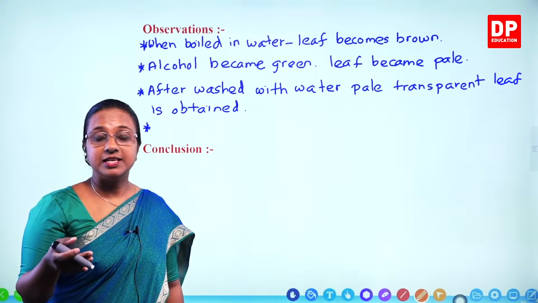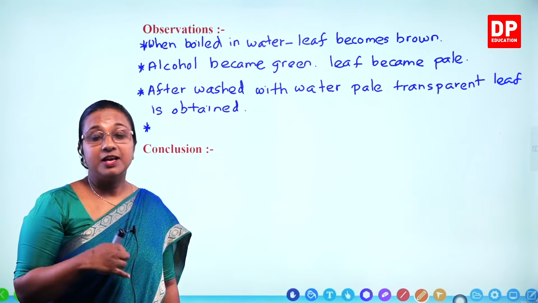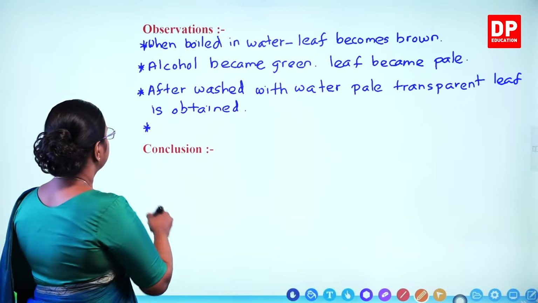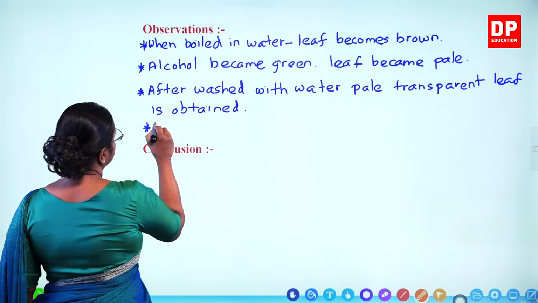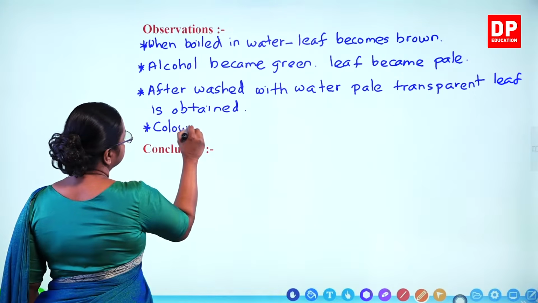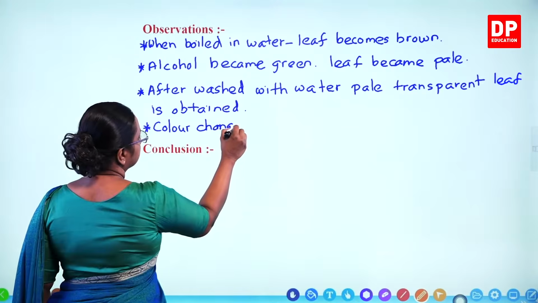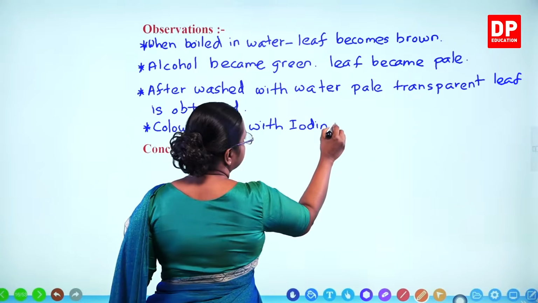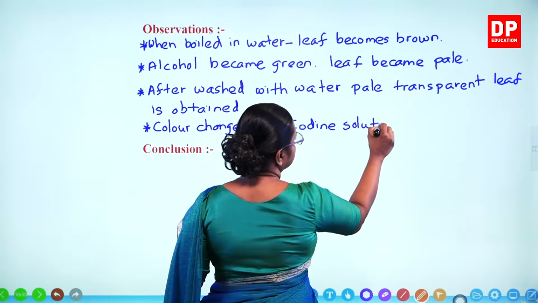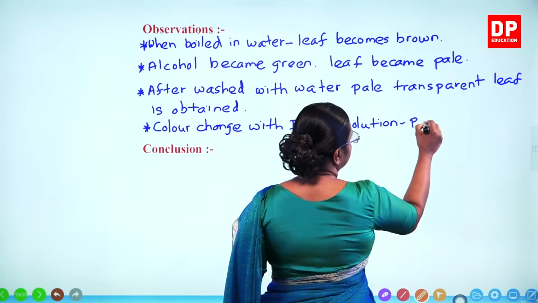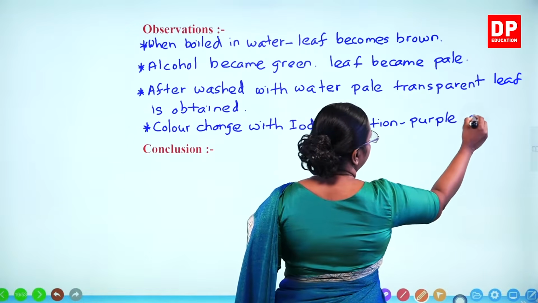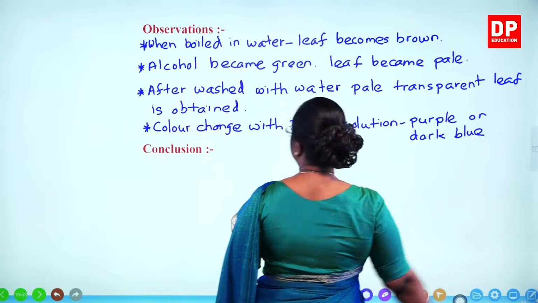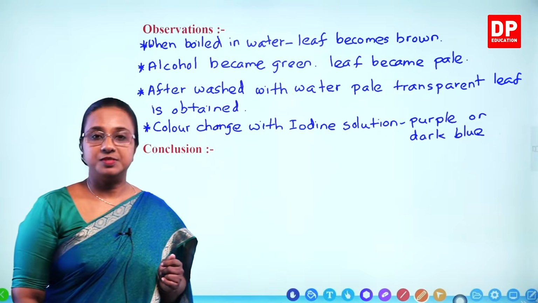When few drops of iodine solution were put on the leaf, it became purple or dark blue in color. So, color change with iodine solution: purple or dark blue. So those were the observations.